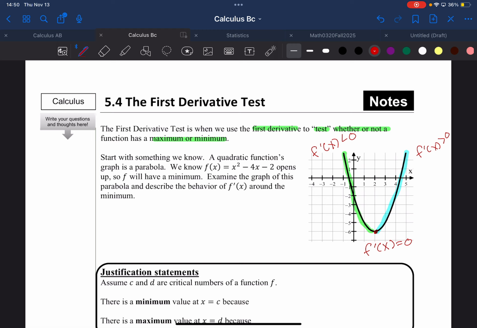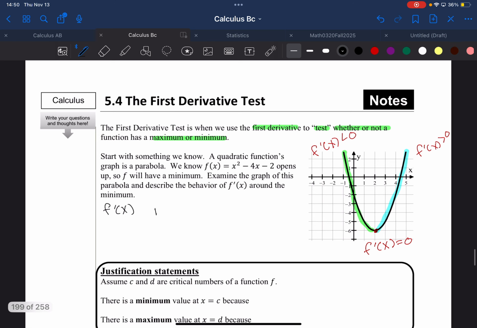So that gives us the following rules. If the derivative of the function goes from negative to 0 to positive, we have a minimum. Okay, just like we see in our diagram.